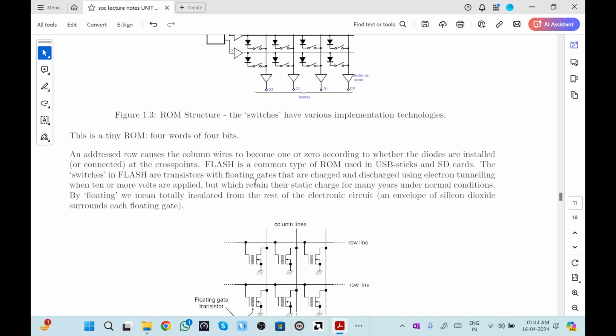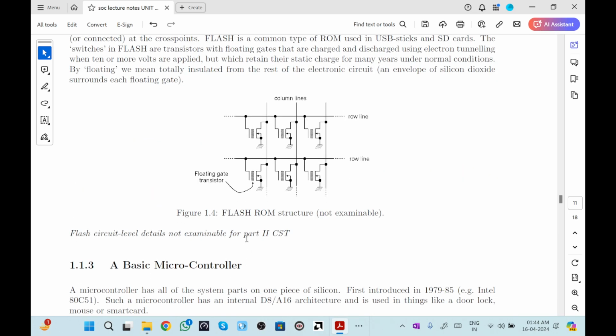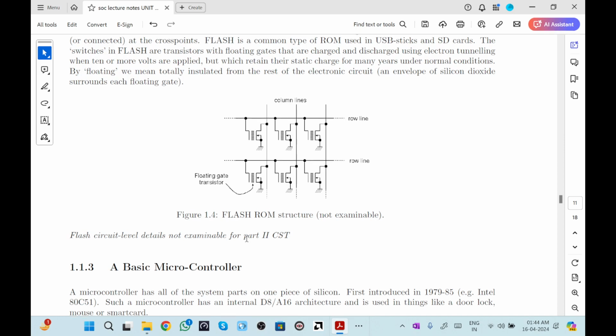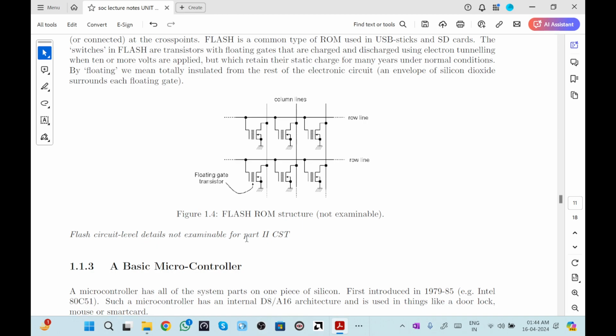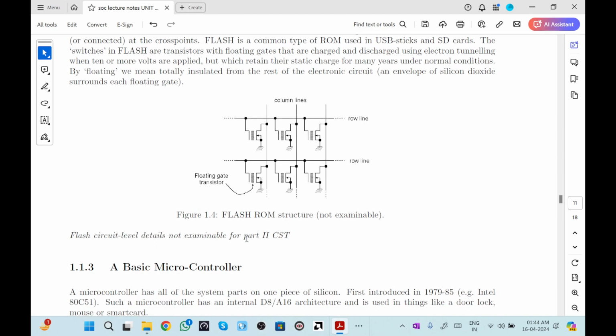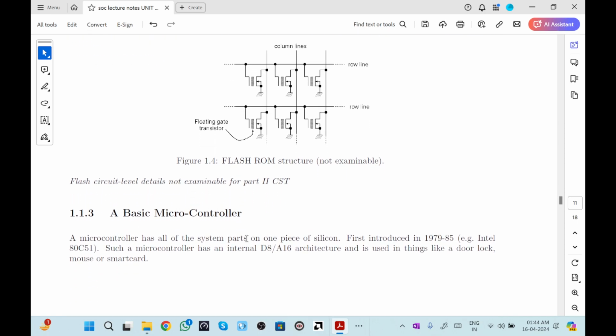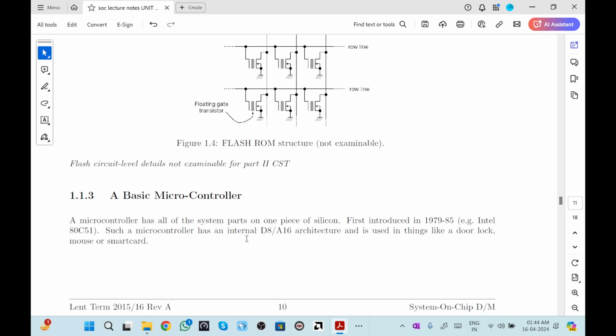These are known as flash type memory. As soon as we trigger the power, it saves, and when we remove the USB or SD card from the device, there is no power, but the data is still saved. So we can say that's a flash type of memory.